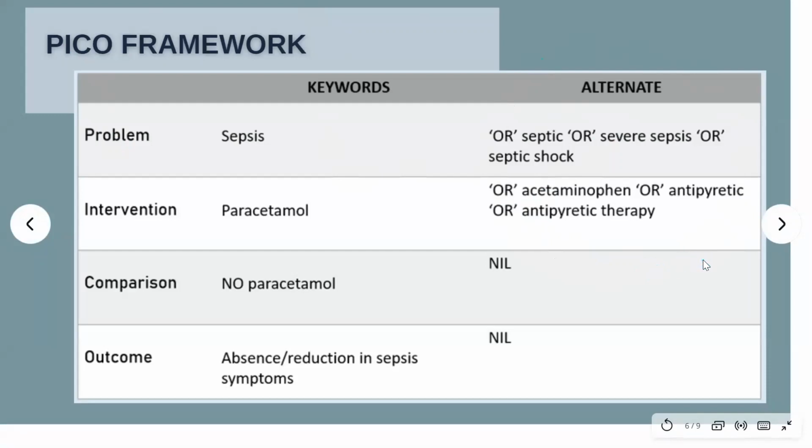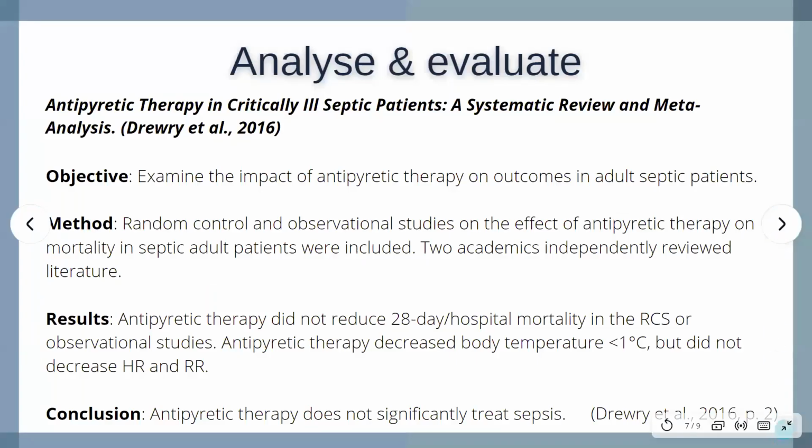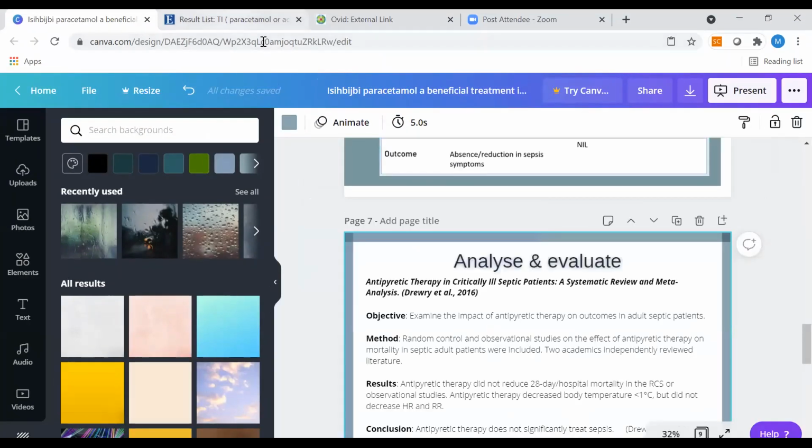But in my database search, I'm not going to use the comparison and outcome keywords because they're not going to help me drill down into the evidence that I need. They're going to make it too broad. So the next step is to go and conduct the research.